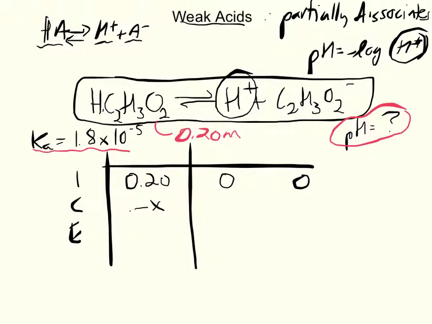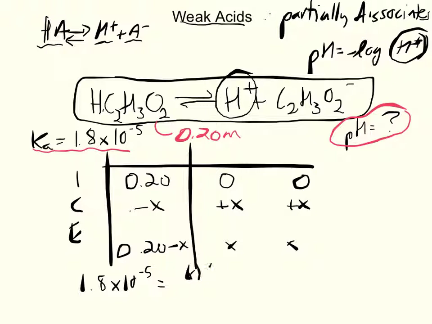As it dissociates, that's going to become negative X, positive X, positive X. So we're essentially going to get 0.20 minus X, X, X. Since we know the Ka value, we can set that equal to these relationships. 1.8 times 10 to the negative 5 is equal to X times X over 0.20 minus X.